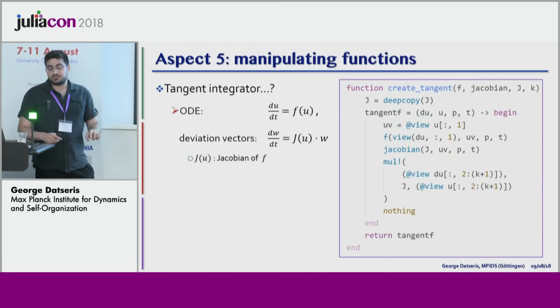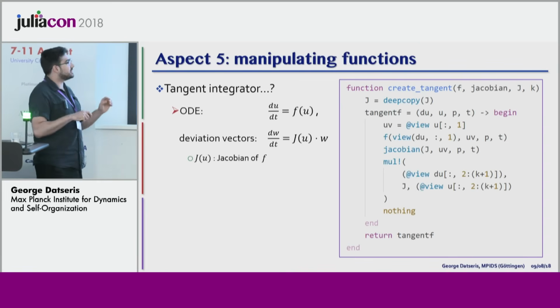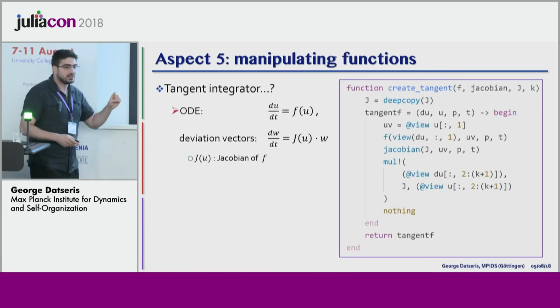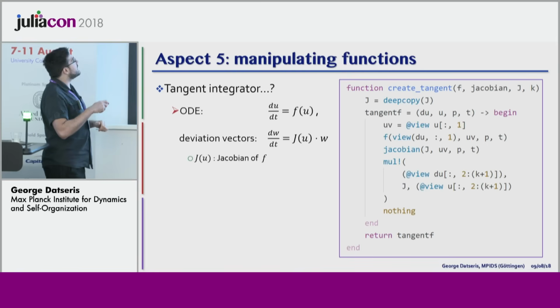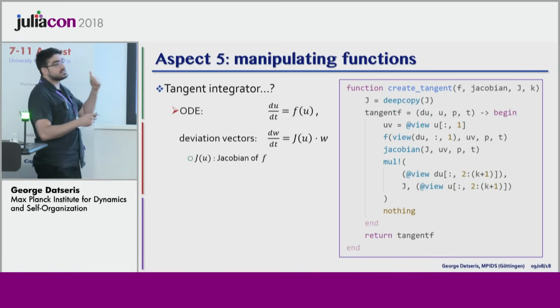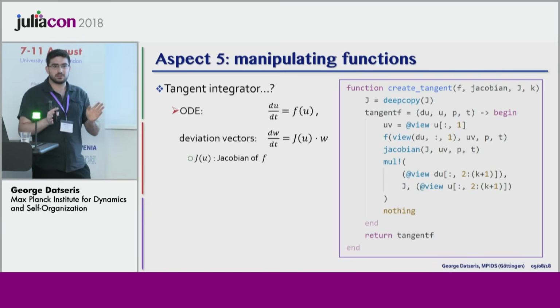So the final thing I want to point out is something I once again found amazing when developing these things, and this is how easy it is to manipulate functions. So let's go into this integrator thing that I mentioned. This integrator is very simple. On one part, it evolves the dynamical system normally.